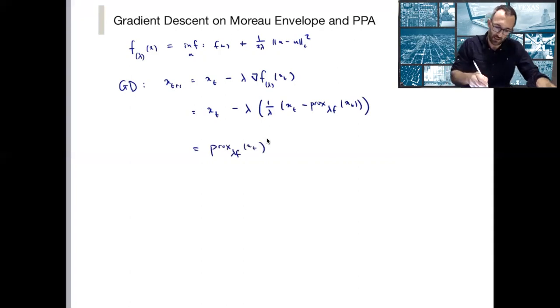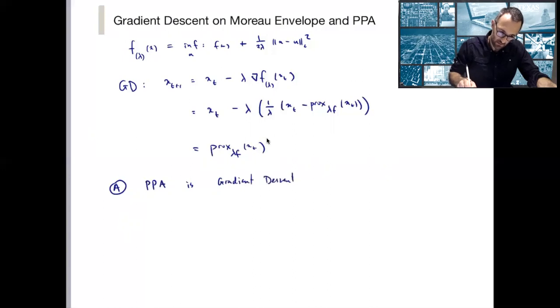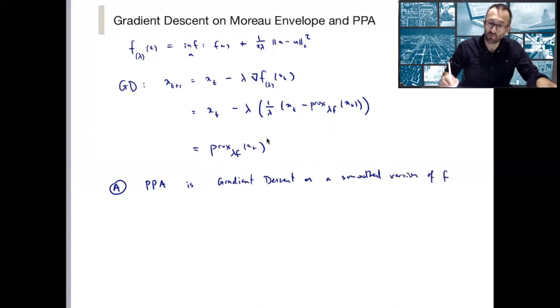So immediately we see that the proximal point algorithm is just gradient descent on a smoothed version of f.